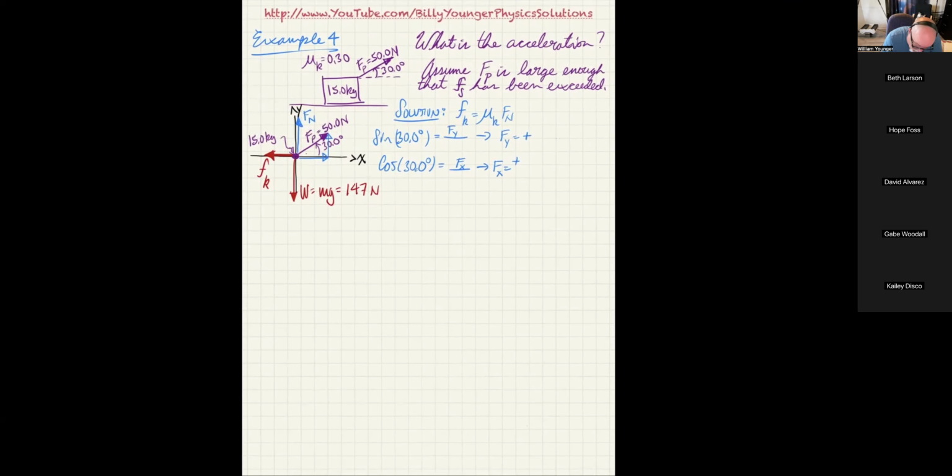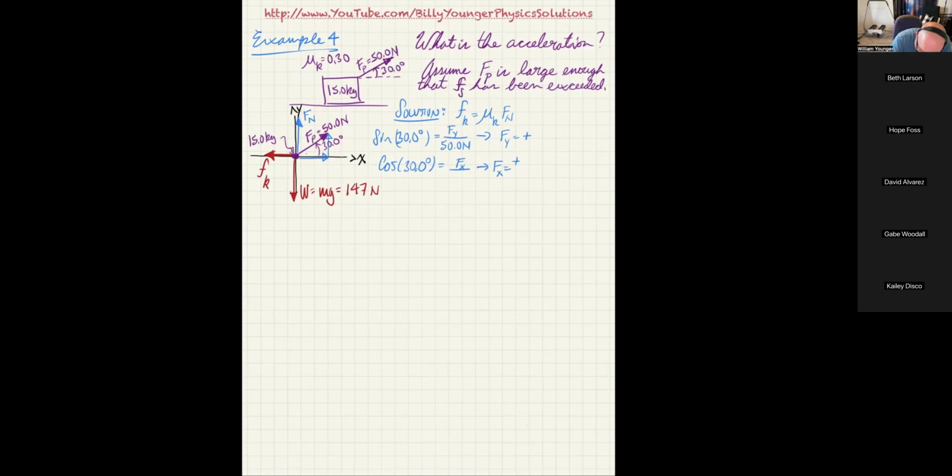Now, what we're going to have here in terms of sine, sine is opposite over hypotenuse. The opposite we can see is the y component, and that's why I put it there. And of course, the hypotenuse is 50.0 newtons. That means the y component is 50 times sine of 30.